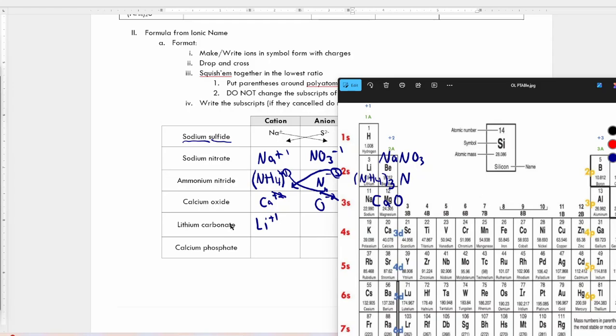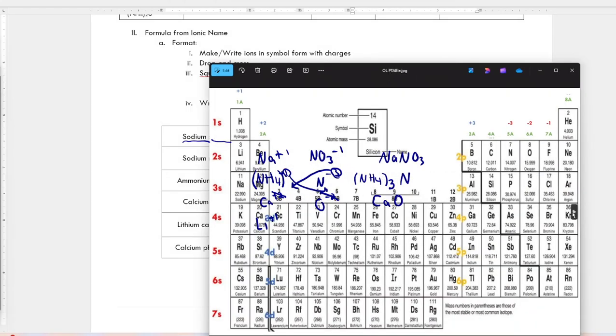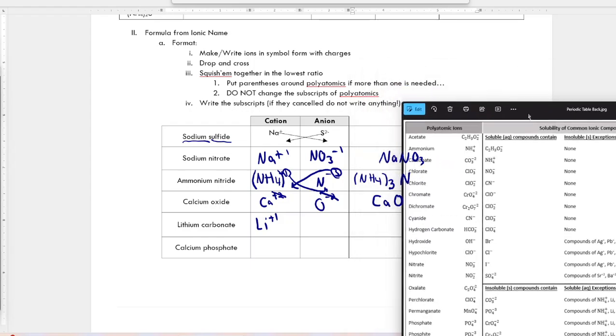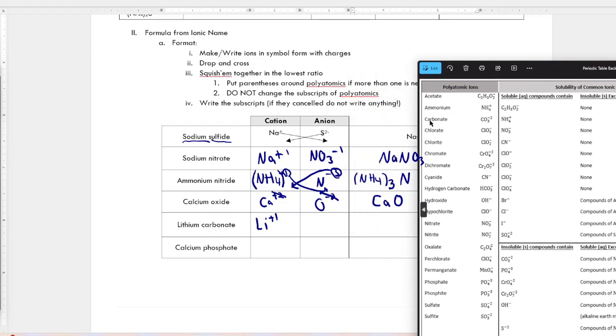Now, that's not carbon. That's not carbide. That's not anything else. It's a carbonate, so we know that weird name must mean it's a polyatomic ion. So let's find it in our list. Remember, these are in alphabetical order, but this is easy to find right there, carbonate. So this is CO3, and this one actually has a charge of -2.